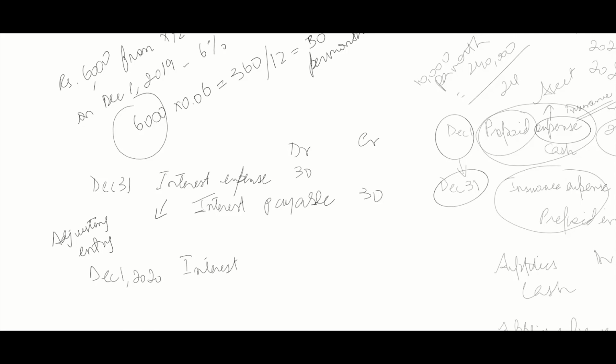So first, there would be an entry of interest expense. For 12 months, interest expense was 360 and we had already recorded 30 for 1 month. So now we are left with 330. So interest expense for 11 months would be 330.